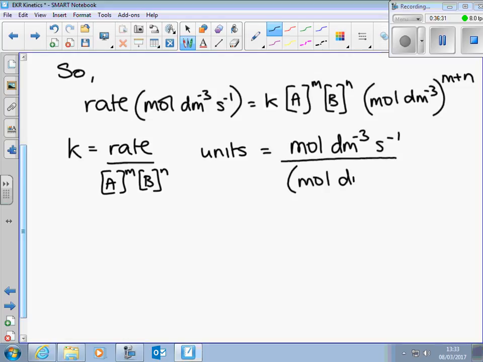This does work. And then you get in a bit of a mess here, of course, with negative indices. Because if something's on the bottom of a fraction, you're multiplying by something to a negative index, aren't you?